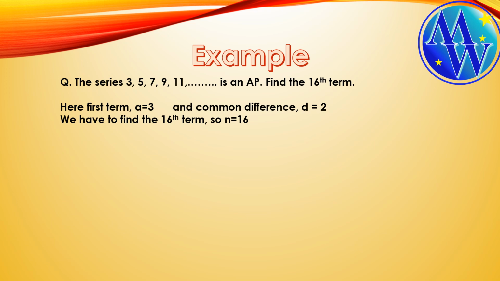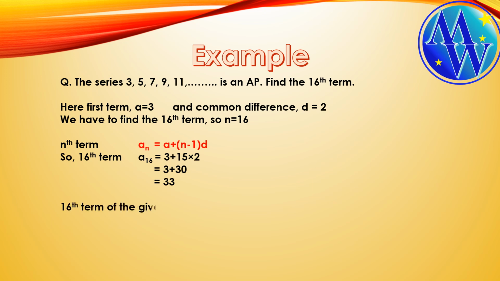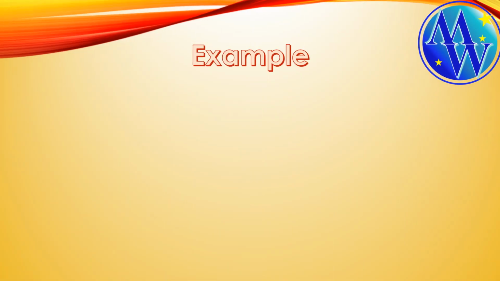Okay, so we know an, the nth term, equals a plus (n minus 1) into d. So a16 equals a is 3 plus n minus 1, which means 16 minus 1, which is 15, multiplied by d, which is 2. So it equals 3 plus 30, which is 33. Easy, right?